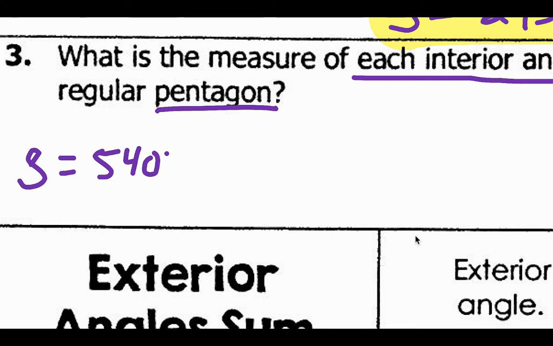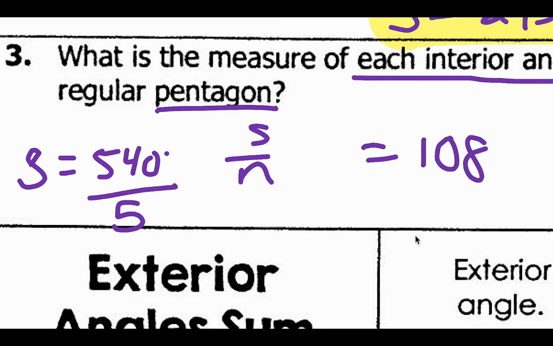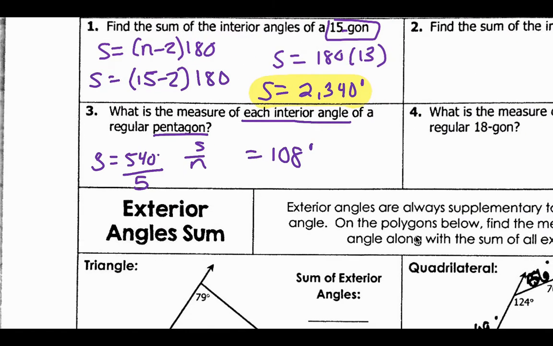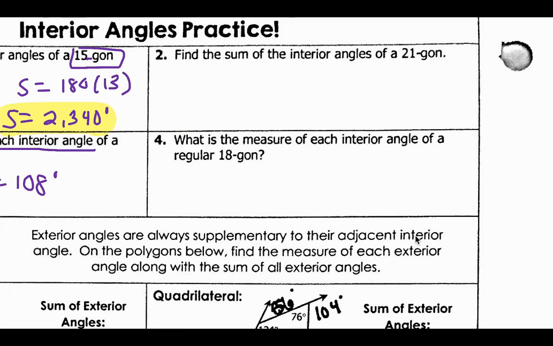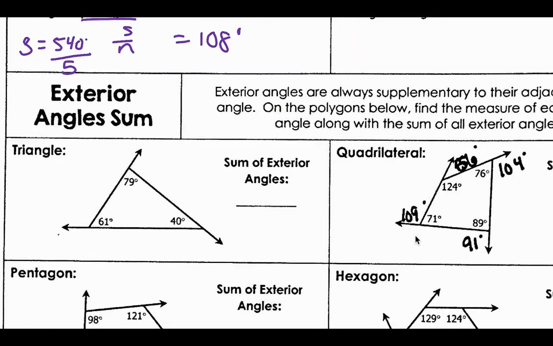I'm not going to make you do that twice. And then we're going to do S divided by N. It's a pentagon, so we divide that by 5, and we're going to get 108 degrees. So those are the two formulas and how you would use them. You'll do a similar process here for 2 and 4.